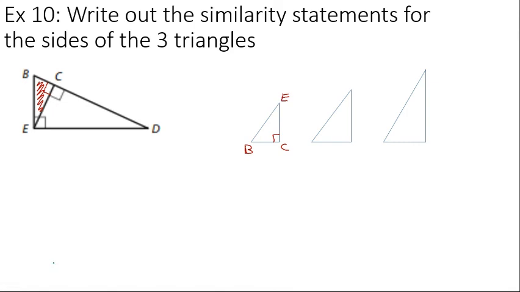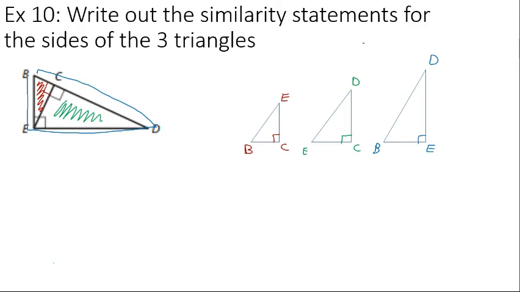Okay, now I go with the medium triangle, which is this one right here, 90 degrees. This is C, this is E, and this is D up here. Now I go with the big triangle, which is the whole thing right there. So 90 is right here. So it's point E, point B, and then point D up here.